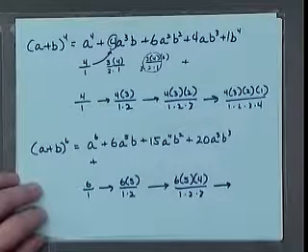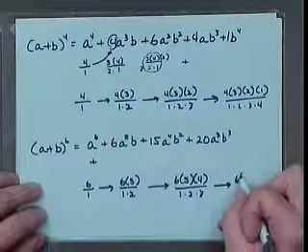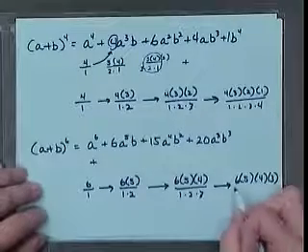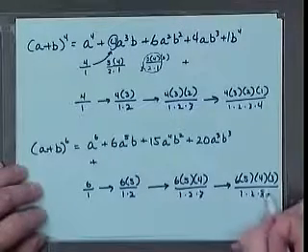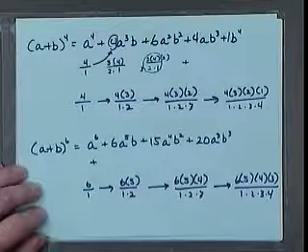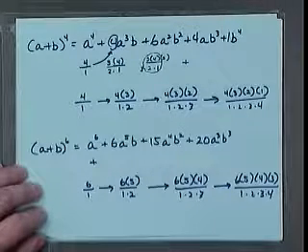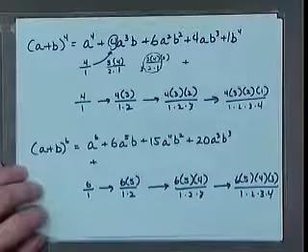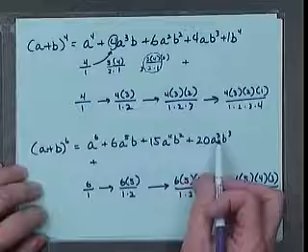What's the next one? 6, 5, 4, 3. Is that a 20 again? Is that right? It's 15. Is it 15? 15. So it's either got to be 15 or 20.